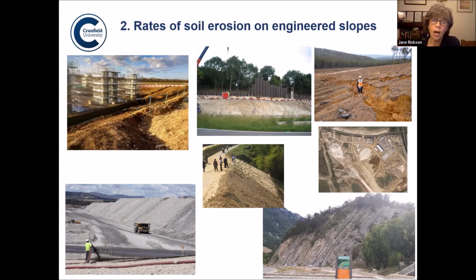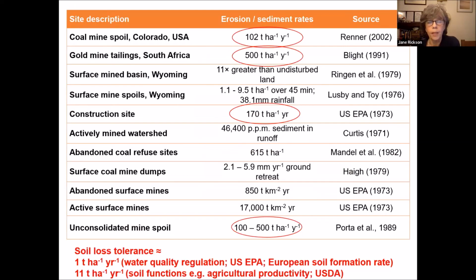There is a very high window of risk because you've got bare soil that is susceptible to this rain splash detachment and runoff and so on. And this is the point at which we should be using some erosion control products.